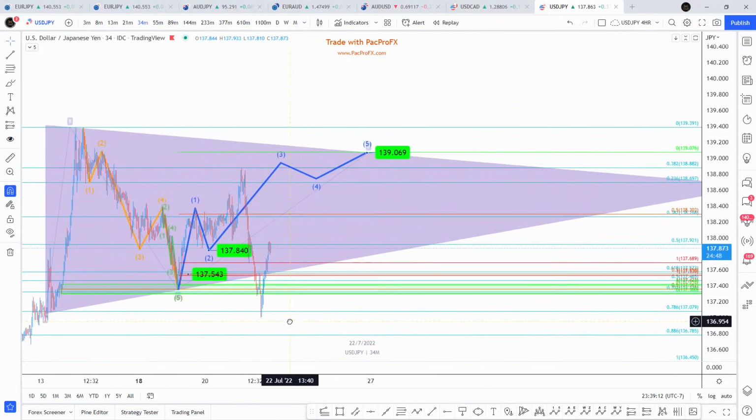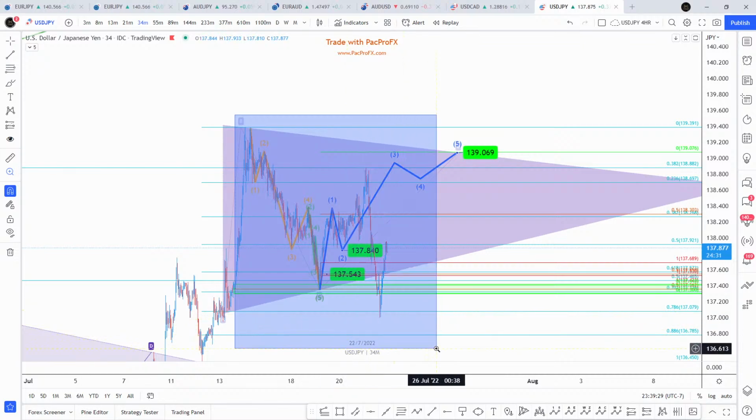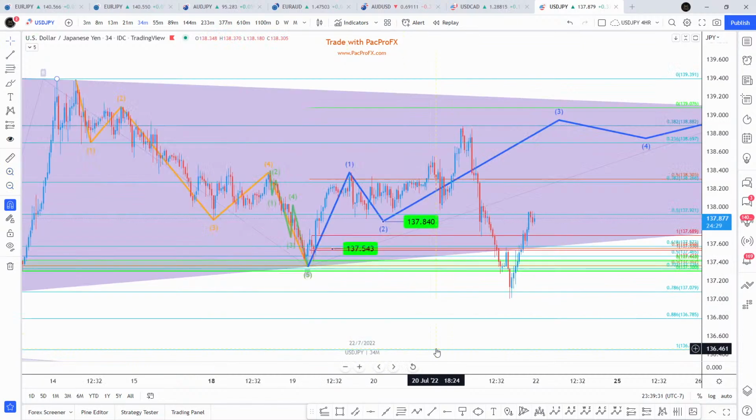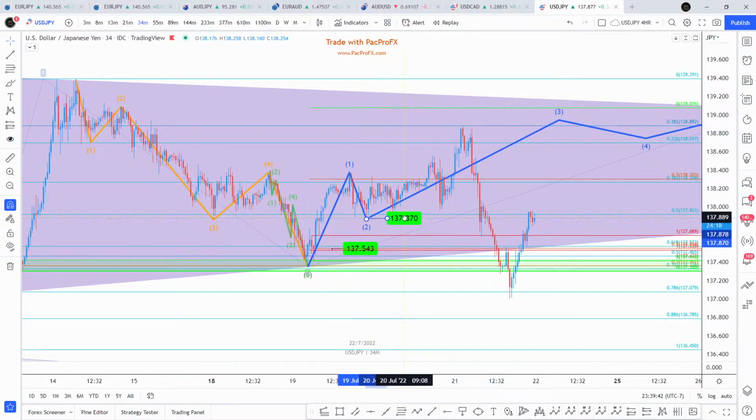When you're in this triangle part, it could go all different ways. There's really not much you could do, so just wait it out. But it's hard to forecast when it's like this. This one worked out pretty much.